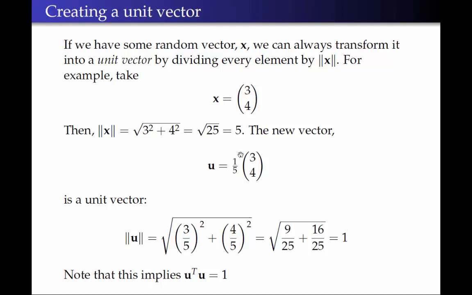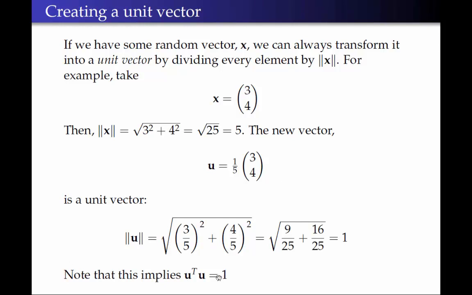All I did was divide by the length of x, and that created a unit vector. And this unit vector is in the same direction as x, because all I did was scale x. I took a vector in one direction and shrunk it down so that its length is 1.